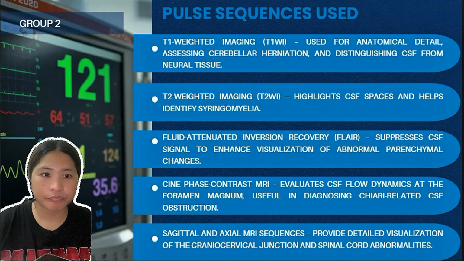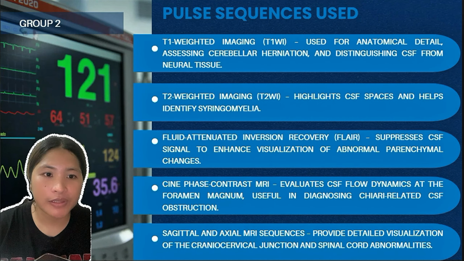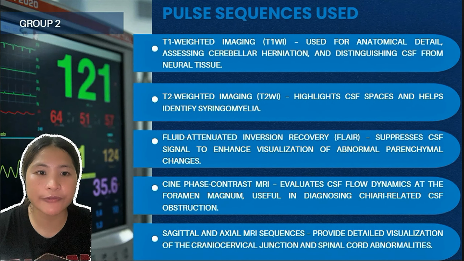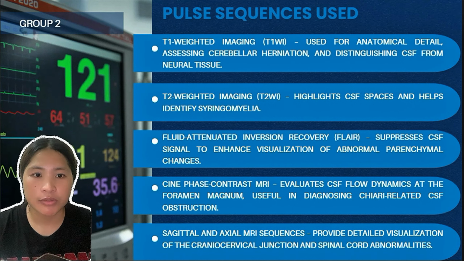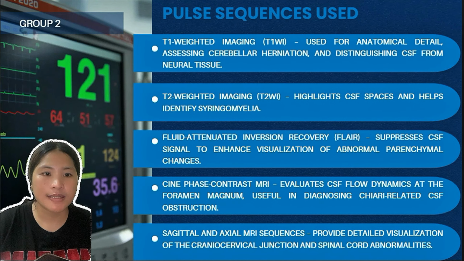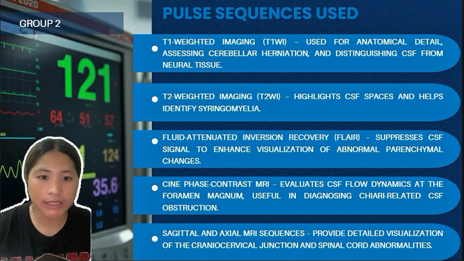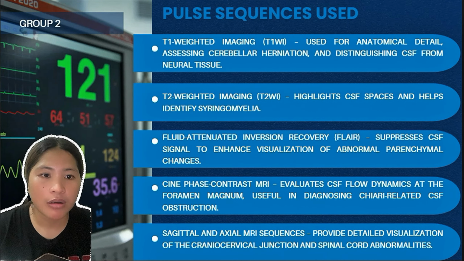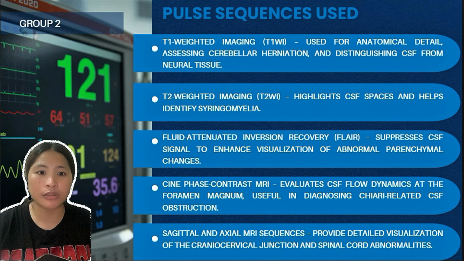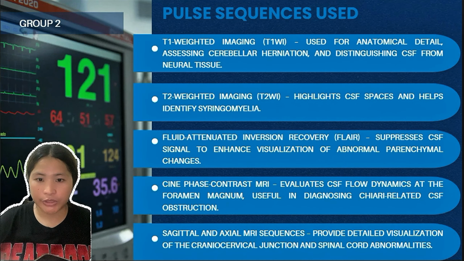So last is phase contrast MRI, which evaluates CSF fluid dynamics at the foramen magnum, useful in diagnosing Chiari related CSF obstruction. So at last is sagittal and axial MRI sequences, which provide detailed visualization of the craniocervical junction and spinal cord abnormalities. Thank you.